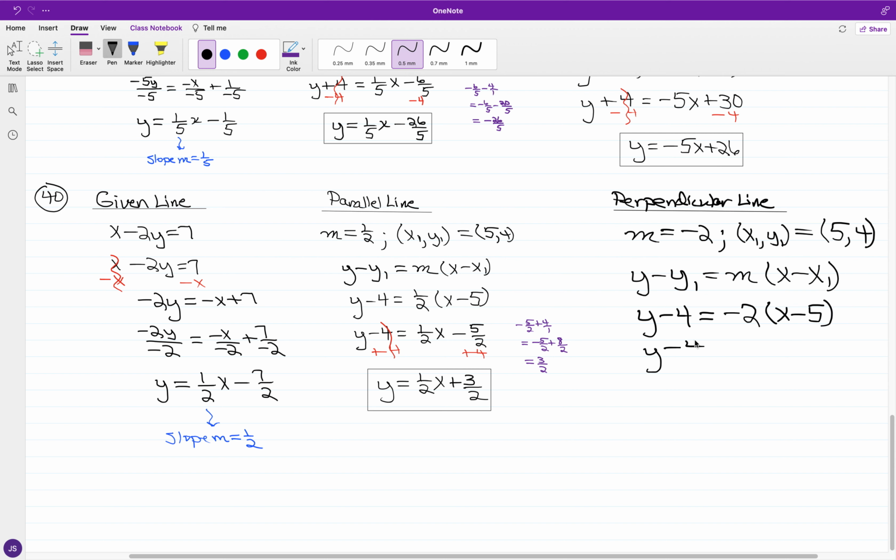And delving further, to get to the slope-intercept equation, so we got distribution on the right. We're going to have -2x plus 10. And for isolating y, again, we have the addition of 4 at both ends. And so we're going to have here that y is equal to -2x, and 10 plus 4 is 14.